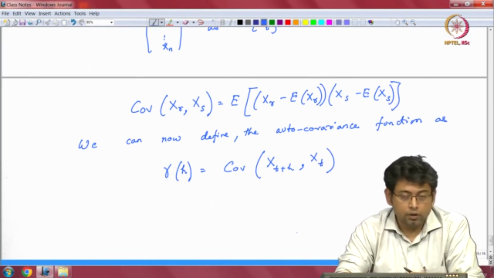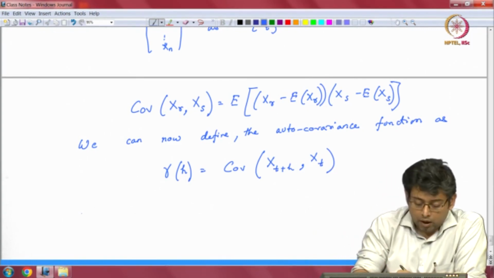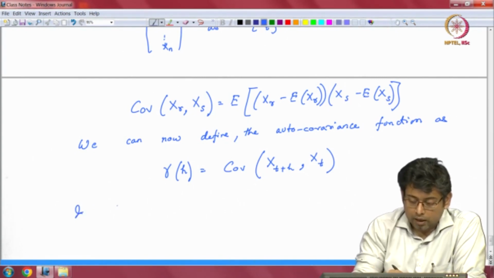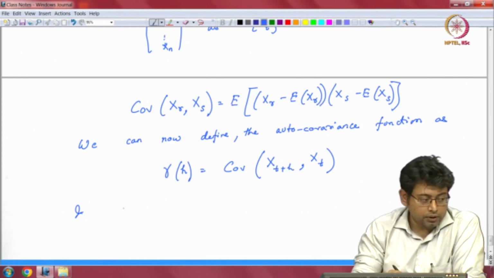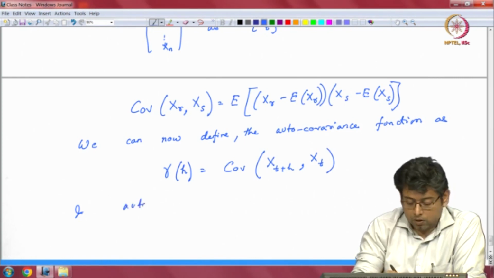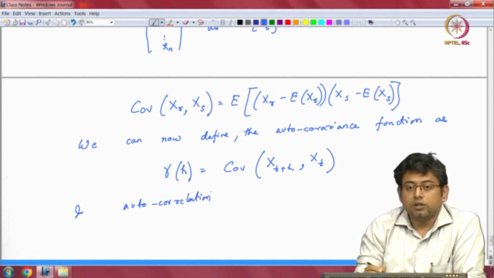And you can now define an autocorrelation function and use this same gamma(h) to define it, which is nothing but a covariance function which is normalized.